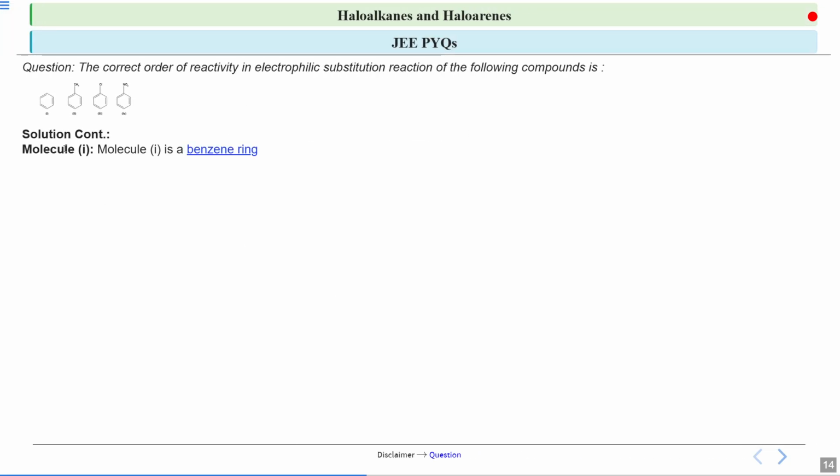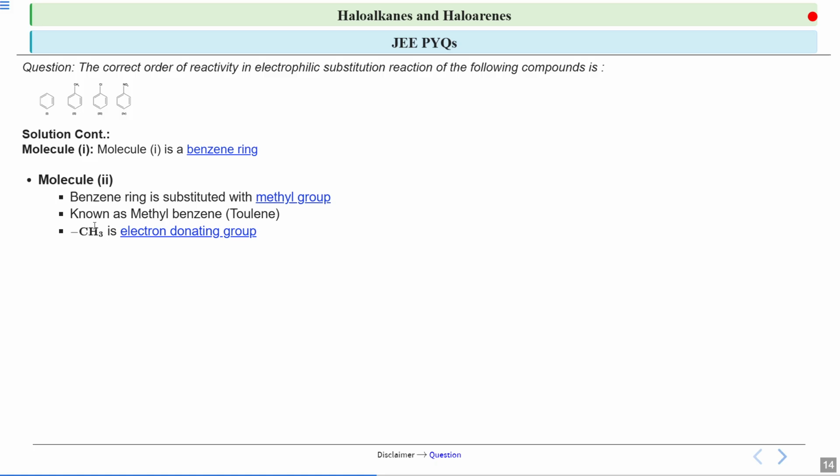If we talk about the first molecule, it is a simple benzene ring, right? In the second molecule, the benzene ring is substituted with a methyl group, that is CH3. The second molecule is also known as methyl benzene or toluene.